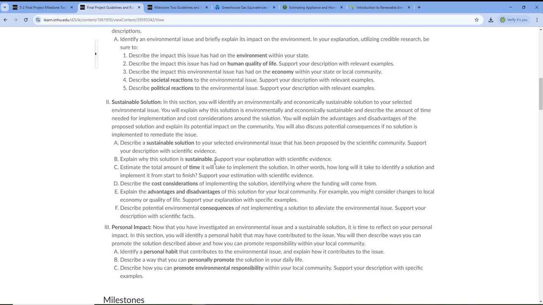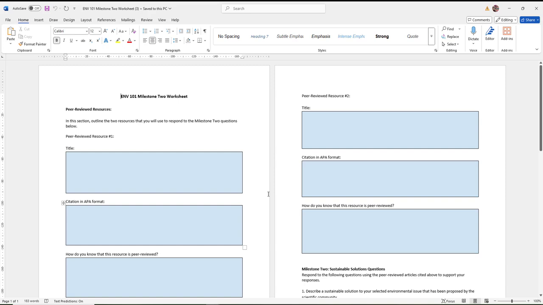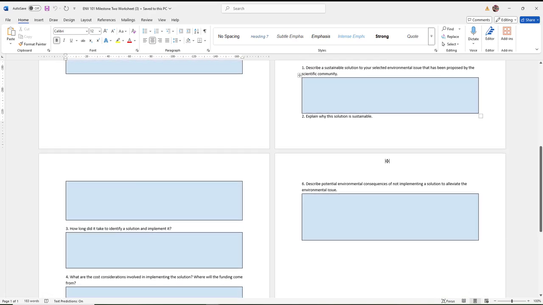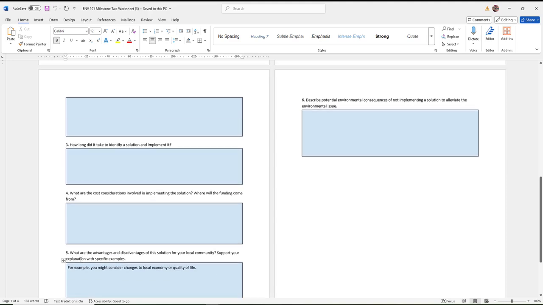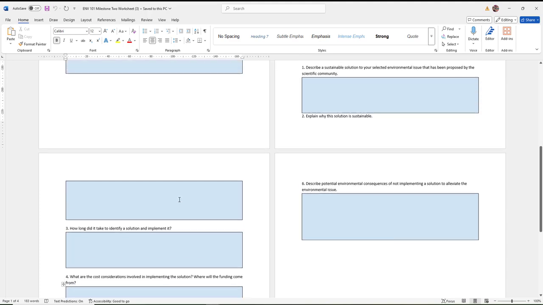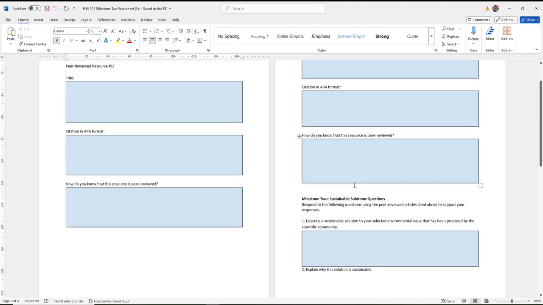Now we're working on the second part in milestone 2. So try to do a very thorough job filling out that worksheet to the best of your abilities, as complete as possible. You're basically answering the questions in the prompt with evidence. Make sure you're including scientific evidence to back up your claims.